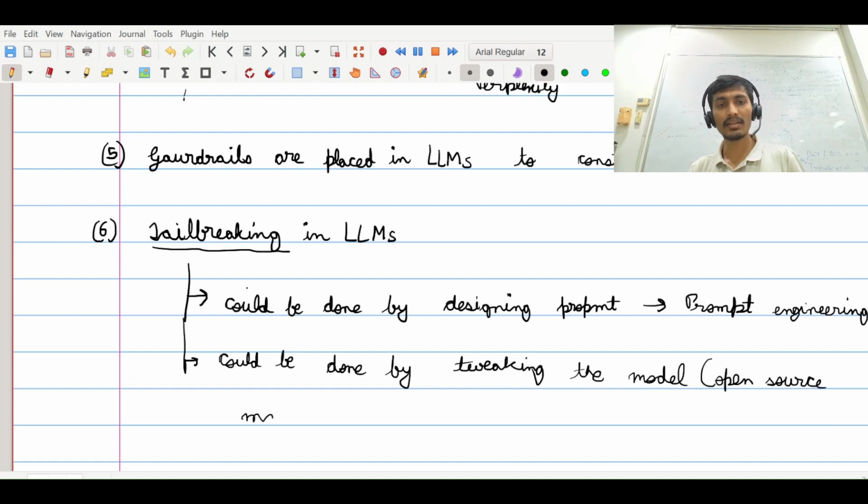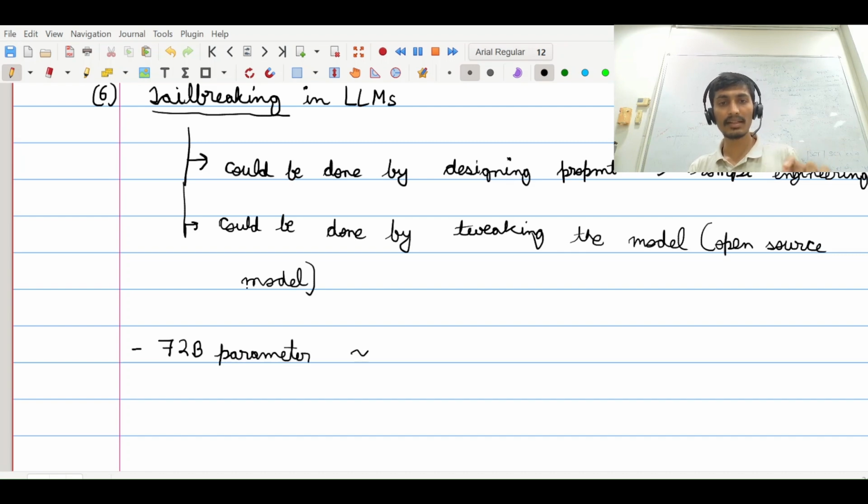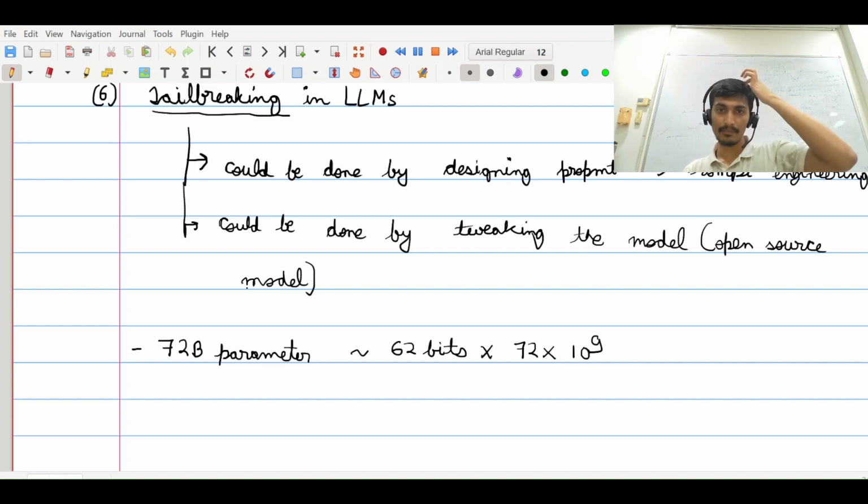And if somebody has downloaded an open source model, let's make a back of the envelope calculation. If it is 72 billion parameters, suppose 64 bits are required to store one particular parameter. So 64 bits into 72 times 10 to the power 9, that much amount of space.